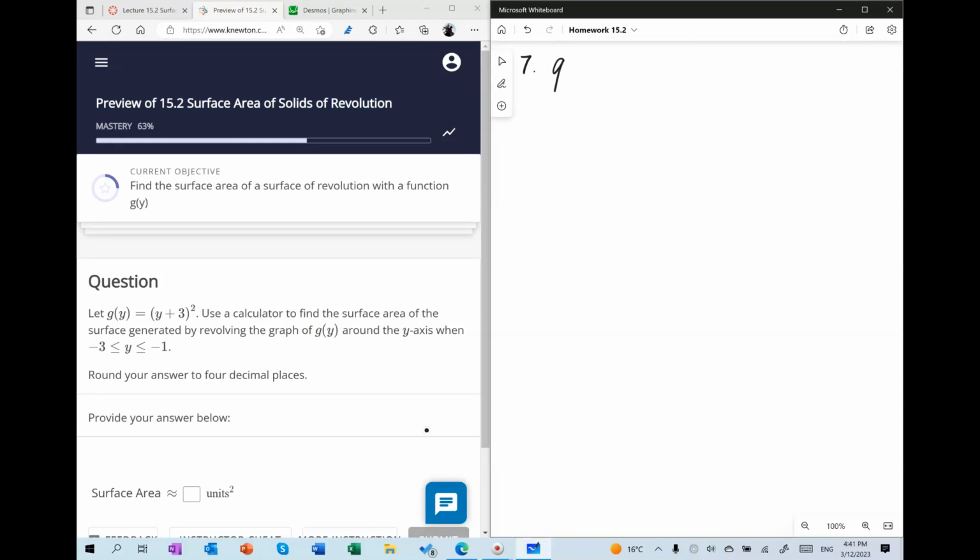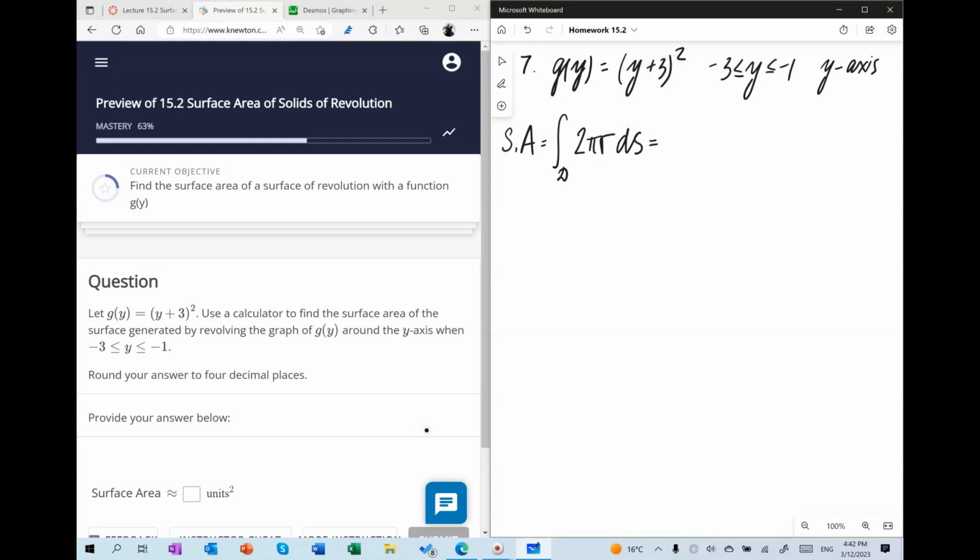Here we have the function given to us as a function x of y, and we're given the boundaries for y, and we are revolving around the y-axis, so we're going to use this universal formula, but we're going to interpret it as this, which is pretty natural given the way the information is provided to us.